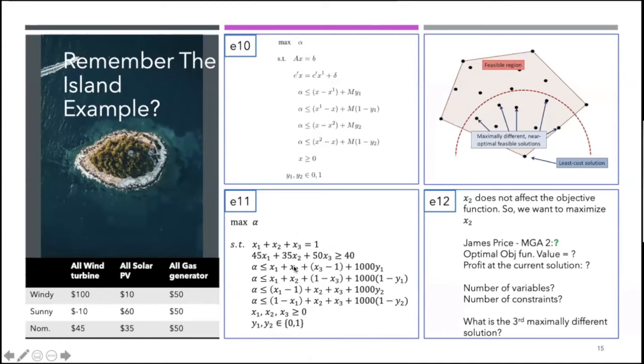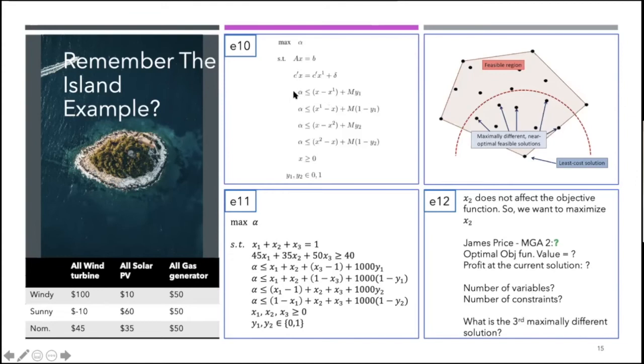Right, okay, that's a good question. So Y1 and Y2 are variables in this problem. The problem solution is going to determine whether Y1 should be 1 or 0. But in general, if you look at just these two constraints, if Y1 is equal to 1, because our M parameter is big enough, this constraint becomes redundant, right?